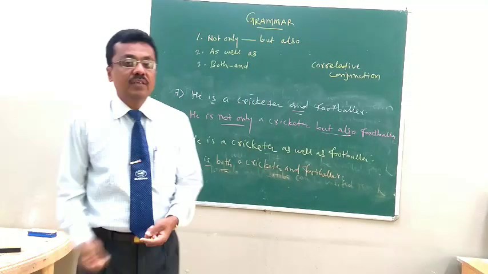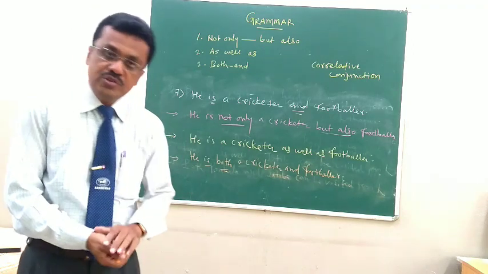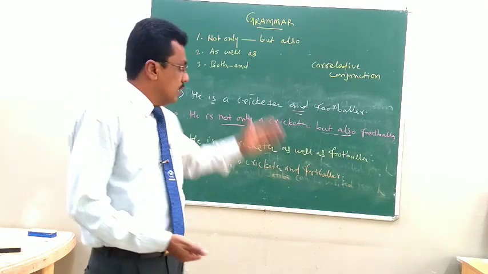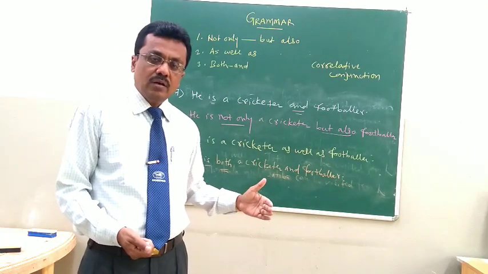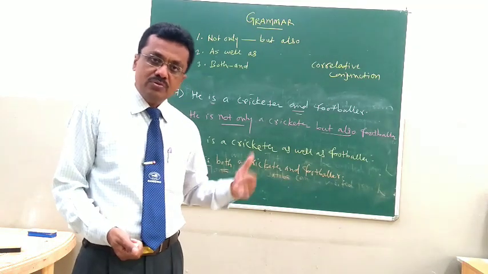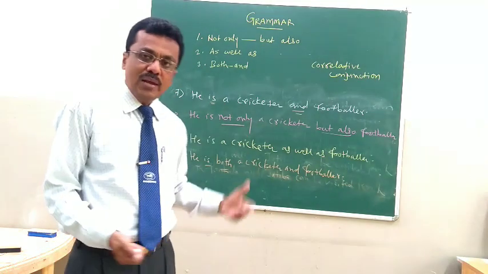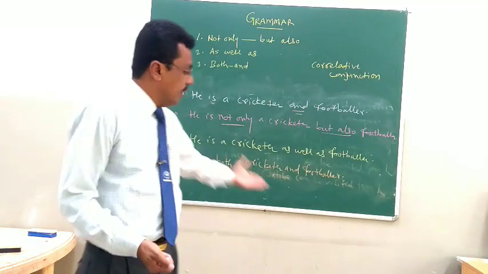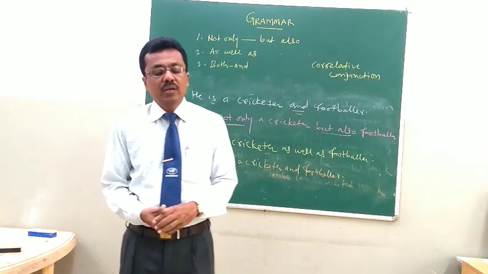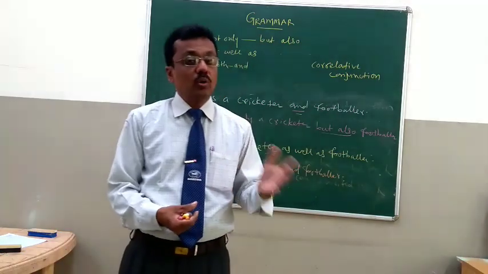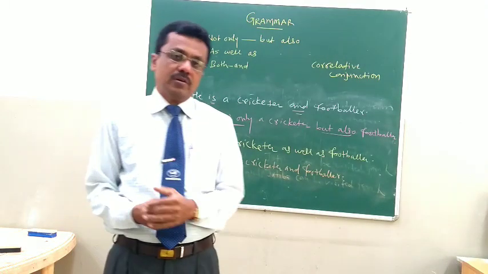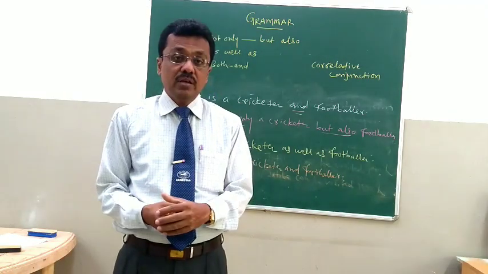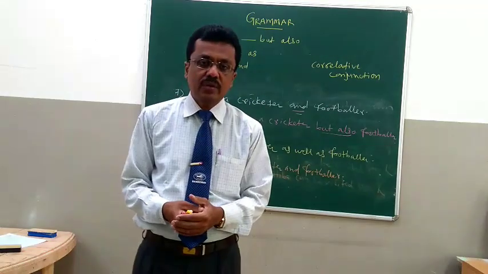So these are the examples we have seen. Not only but also, how to transform we have seen, how to make as well as we have seen, how to make both and we have seen. And from the examination point of view, as I told earlier, in your question paper it may come with a different structure.